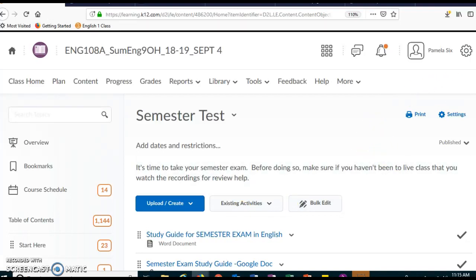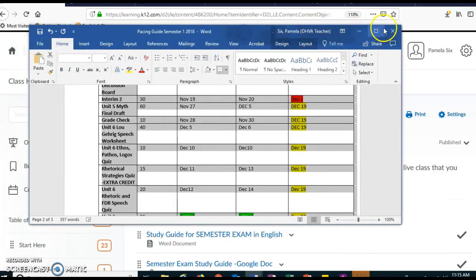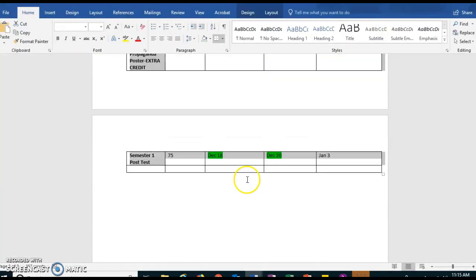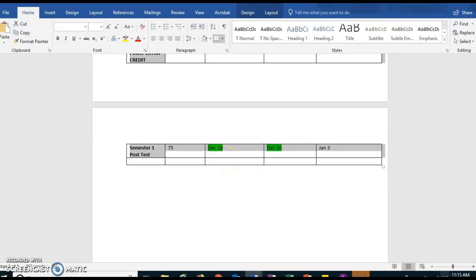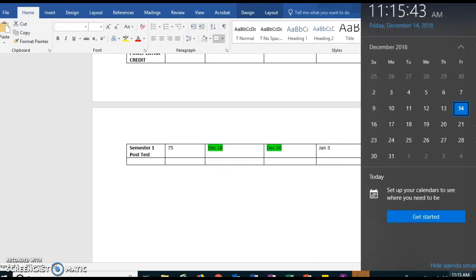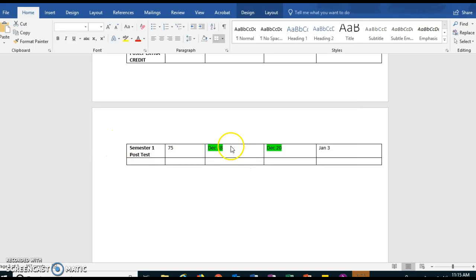So remember that you are taking your semester test next week, on Tuesday, but you legitimately have until the end of the class in January, until the 3rd. So I'm going to pull this up really quick. Your course exam is starting on the 18th, which is Tuesday next week.